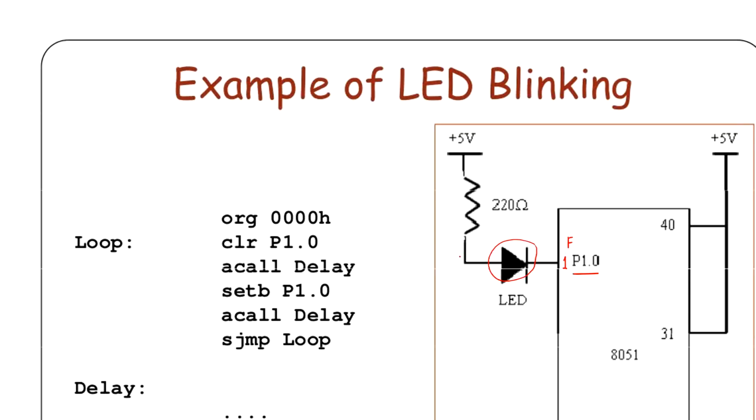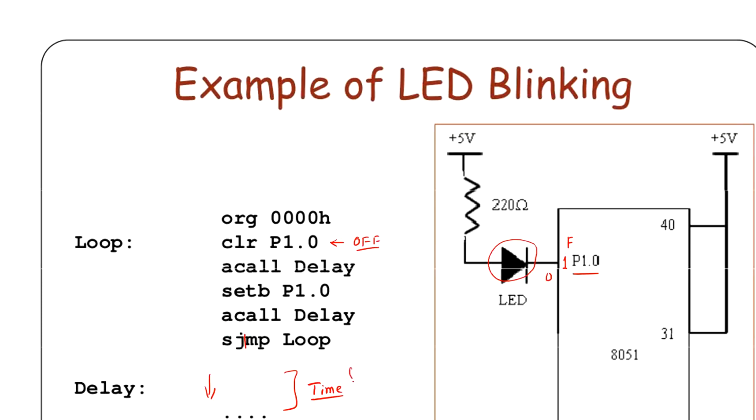So once you make this LED blink, first what I write is clear that bit, that means the LED will be in off position. You are making this 0. Then you call some amount of delay, and when it comes here, the program executes. That much of time your LED will be in off position.